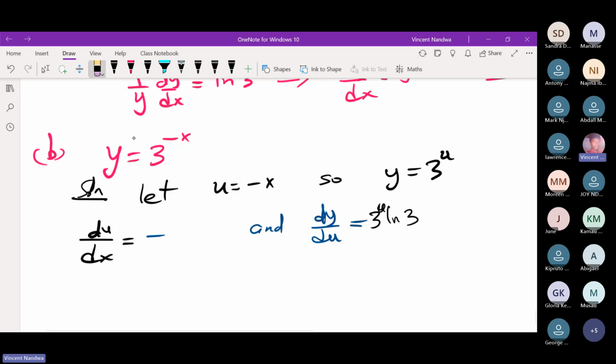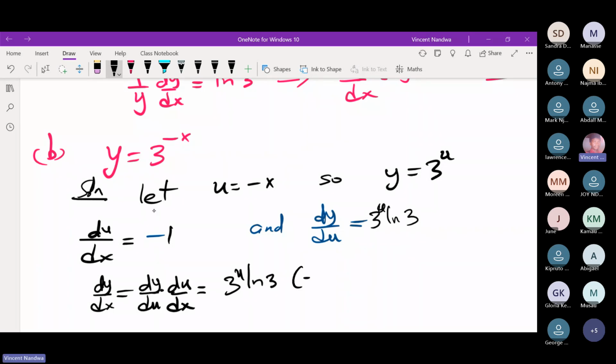So by the chain rule, dy dx is the same as dy du times du dx, which will be 3 power u ln of 3 multiplied by -1, which will just be minus 3 power u ln of 3.